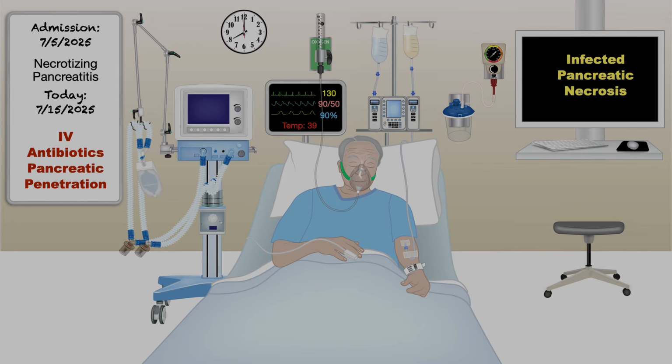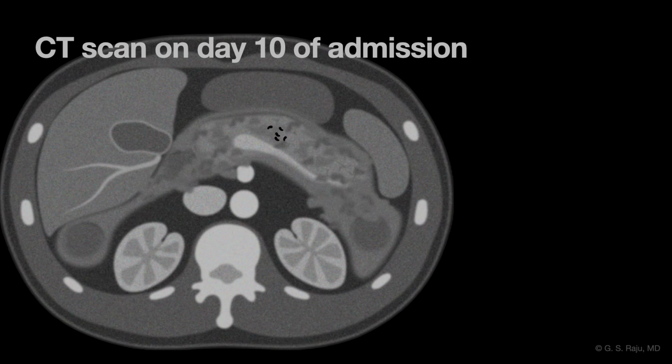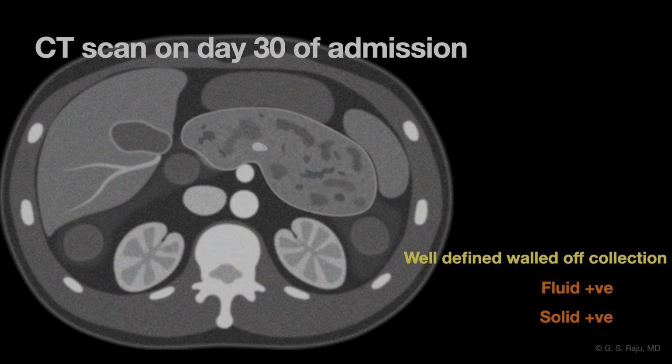So medical management with broad spectrum antibiotics and general supportive care can manage most of these patients with infected pancreatic necrosis, to the point of taking care of this infection, as long as the patient does not deteriorate.